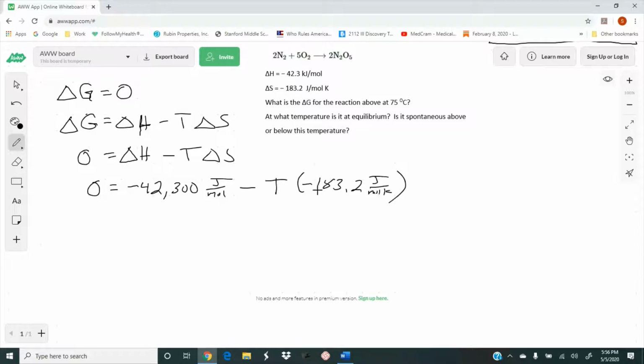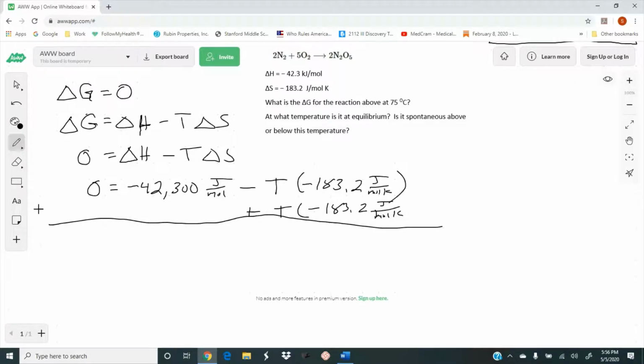All right. So in order to solve for this, I'm going to go ahead and move this to the left. In other words, I'm going to add T delta S here. So they cancel on the right, and then I'm going to add them on the left.